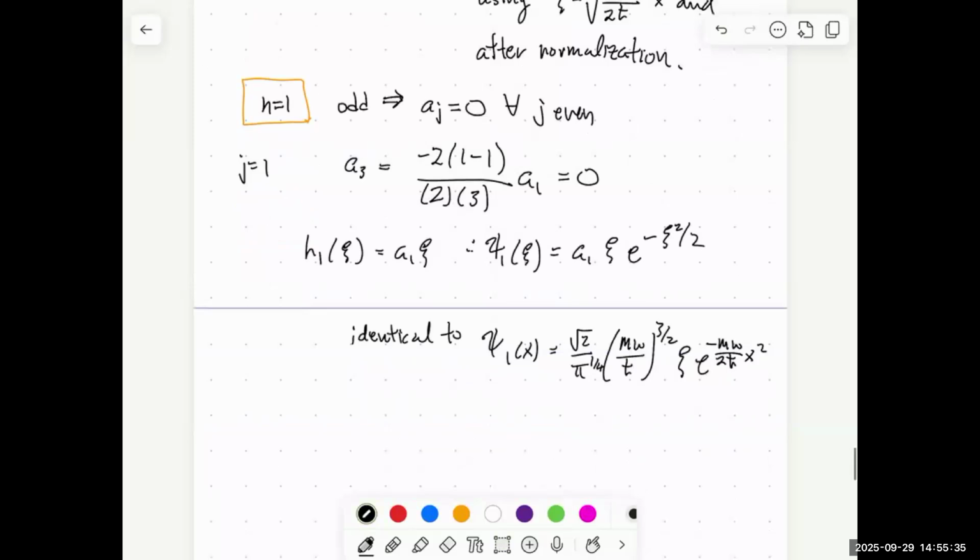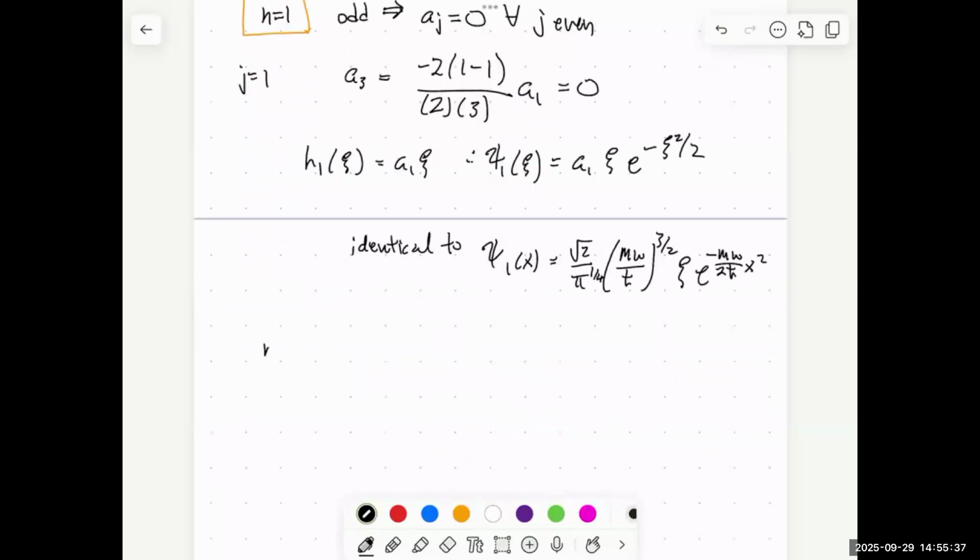Okay, so let's do n equals 2. I think I'm going to do n equals 2 and n equals 3, and then we'll stop. So n equals 2, even. That means aj is 0 for all j odd. And now what we're going to try to do is find a2 using j equals 0.